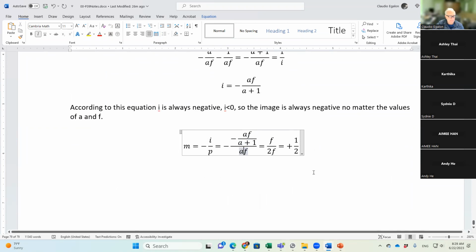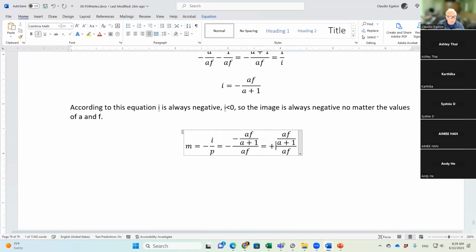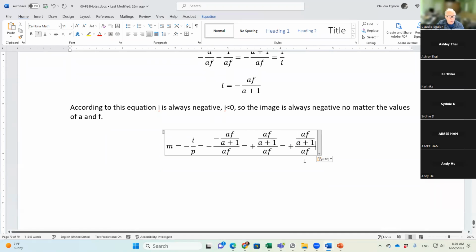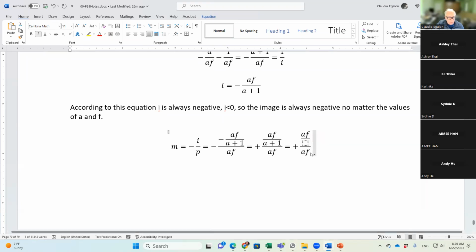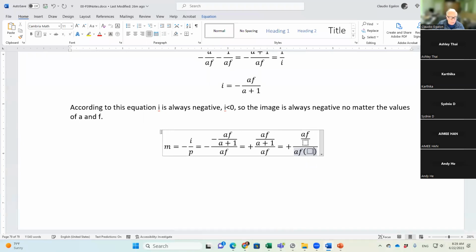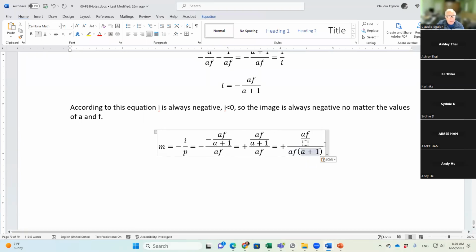So I'm going to cancel out this sign, positive, and we place the A plus 1 downstairs. We write down AF here.